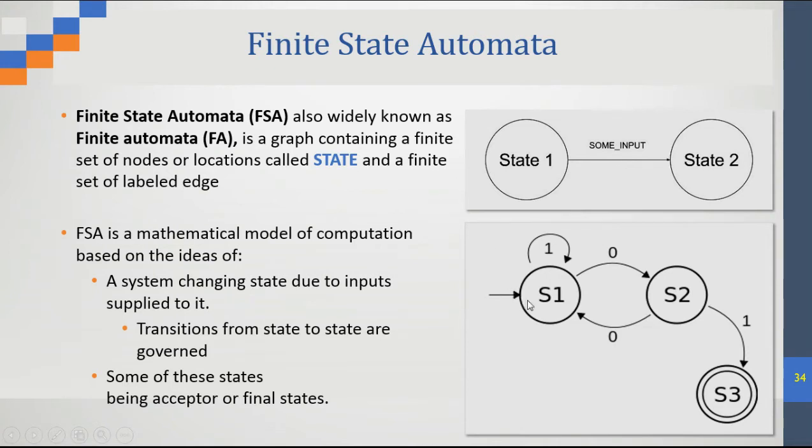Here is another example of a state machine. In this state machine we have three states, S1, S2 and S3, and in order to move from one state to another state, we should have some input. So this is the input, or the transition from one state to another.